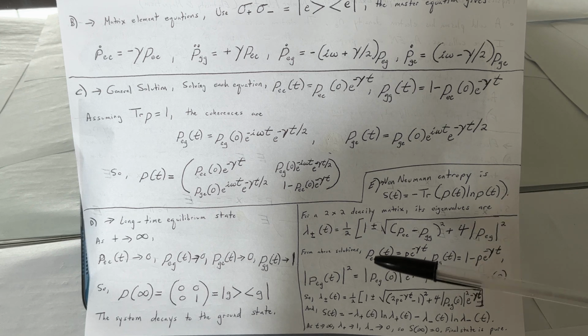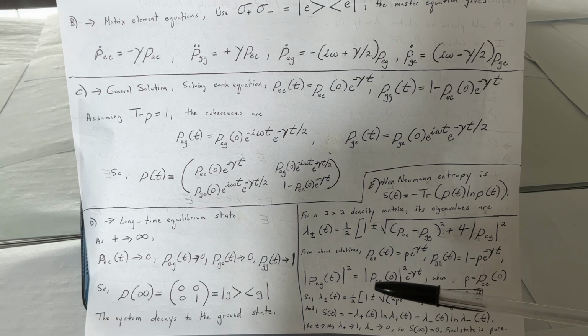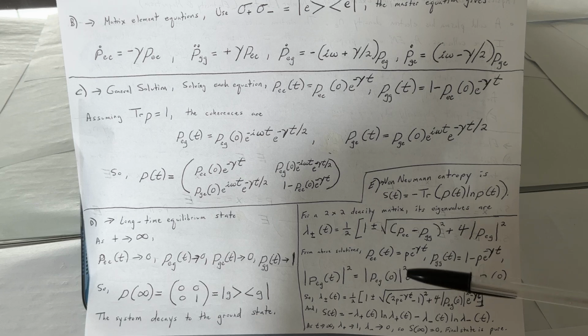And from the above solutions, rho sub EE of t equals p e to the negative gamma t, rho sub GG of t equals 1 minus p e to the negative gamma t. So here the absolute value of rho sub EG of t squared equals the absolute value of rho sub EG of 0 squared e to the negative gamma t, where p equals rho sub EE of 0.